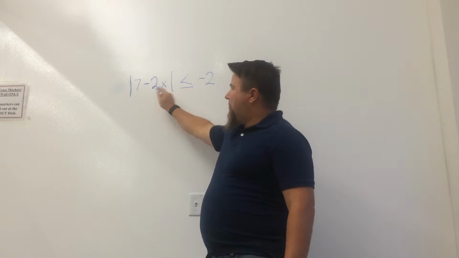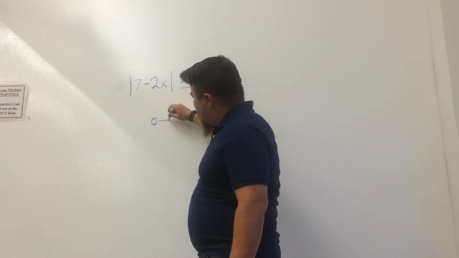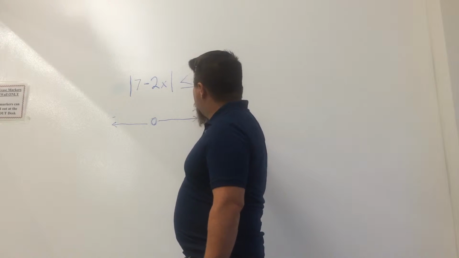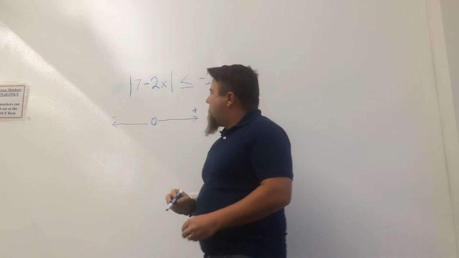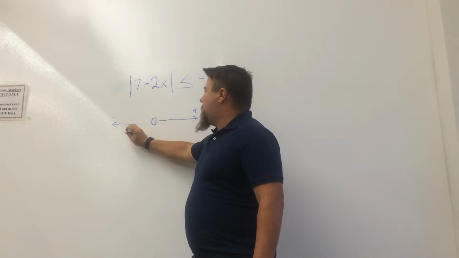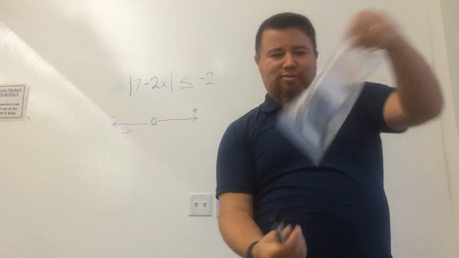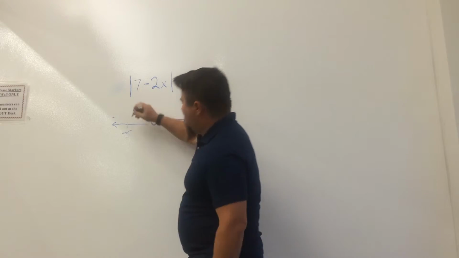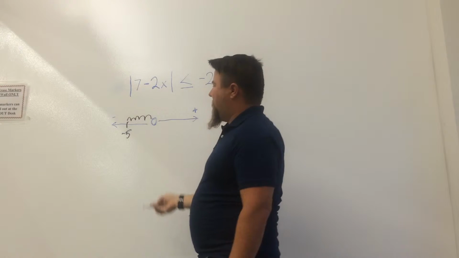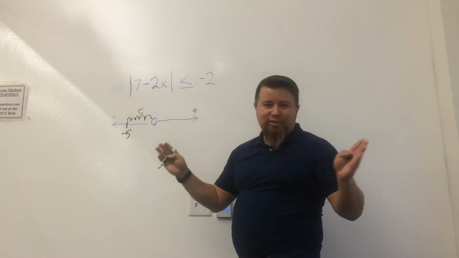So if you had 0 on a number line, and to the right of it is positive, and to the left of it is negative, then the absolute value of whatever number that is, so say we got negative 5, is 1, 2, 3, 4, 5 away from 0, so the absolute value of negative 5 would be 5, because that's the distance away from 0, okay?